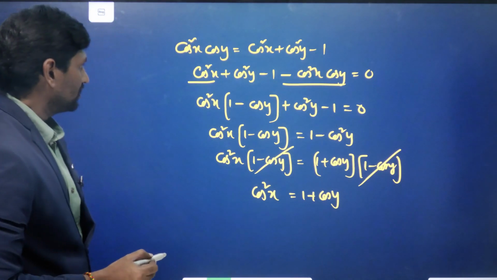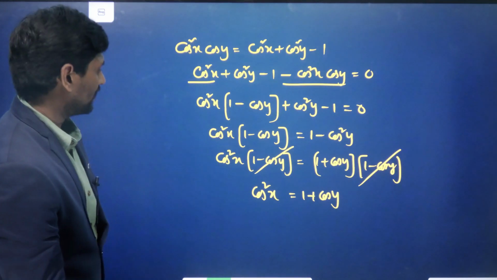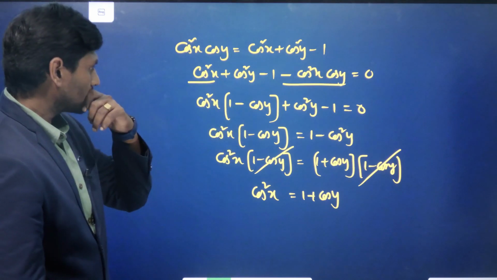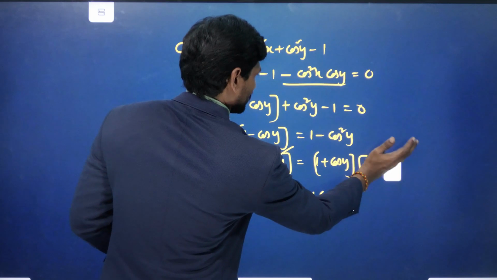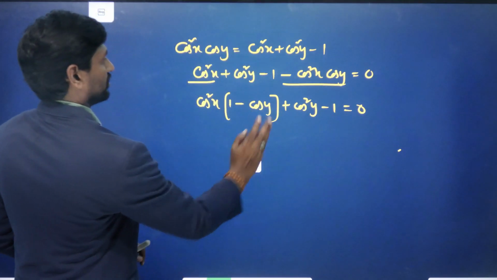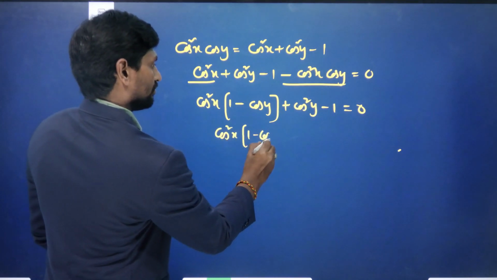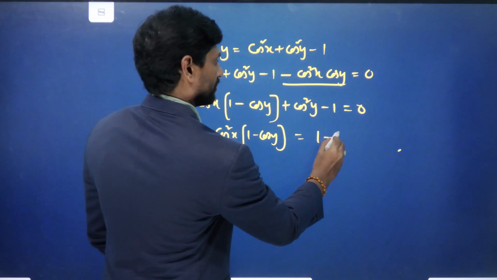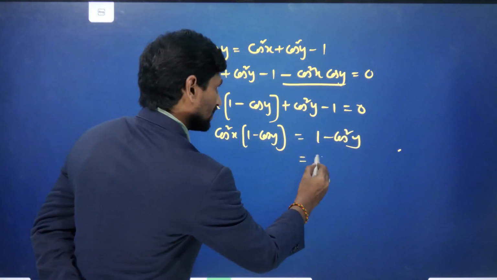Okay, wait, we are not changing here. So we have cos square x into 1 minus cos y is equals to 1 minus cos square y. In the place of 1 minus cos square y we can write sin square y.